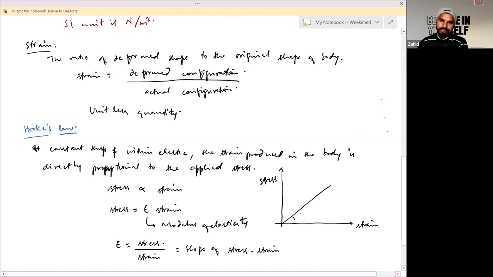Suppose this line is inclined at some angle theta. Then tan theta defines the modulus of elasticity, or simply the value of E.